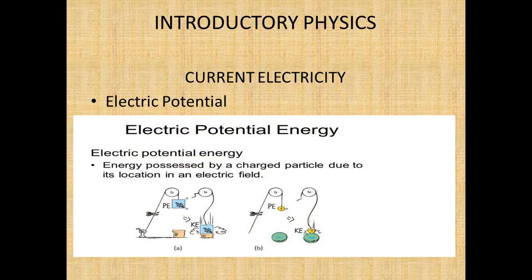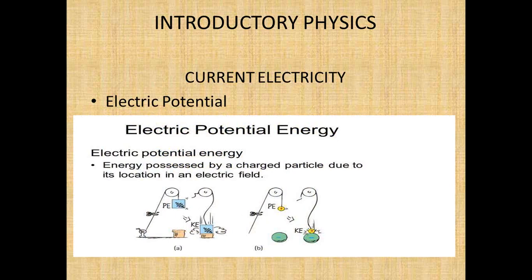The energy possessed by that charged particle is due to its location in the electric field. Remember what we said: the electric field strength is equal to K times Q, which is the charge, divided by the square of the distance of separation.